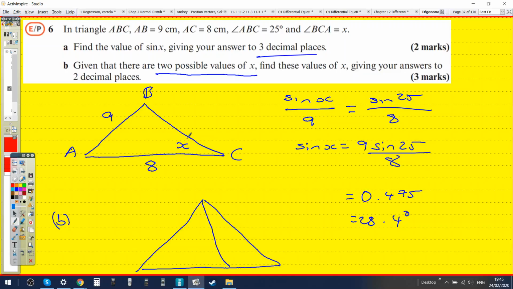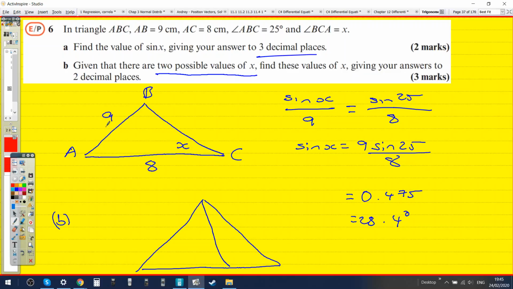It's when the angle could be acute or obtuse. So I kind of did my best to do it down here. I had to spin it around a bit. I don't quite know how to draw it. But basically, either it could be... Yes, that would work, I think.